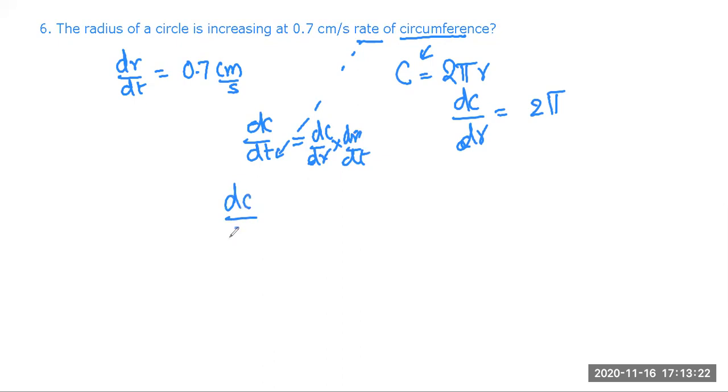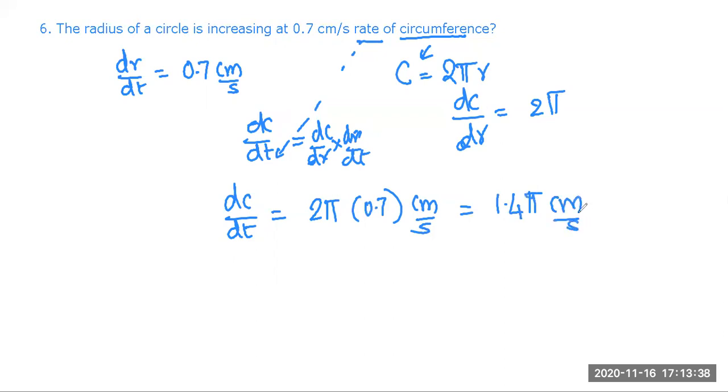So dc by dt equals dc by dr, which is 2 pi, and dr by dt is 0.7 centimeters per second. Therefore, this is 1.45 centimeters per second. This is the easiest question.